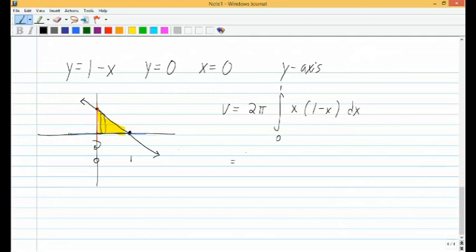So that is 2 pi times the integral of x minus x squared. That's 2 pi times x squared over 2 minus x cubed over 3, evaluated from 0 to 1.